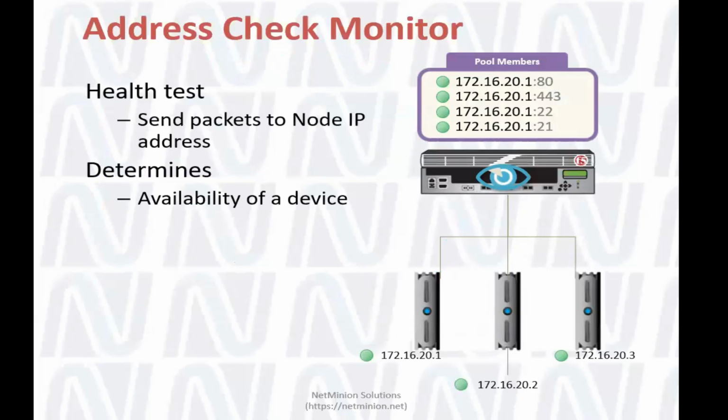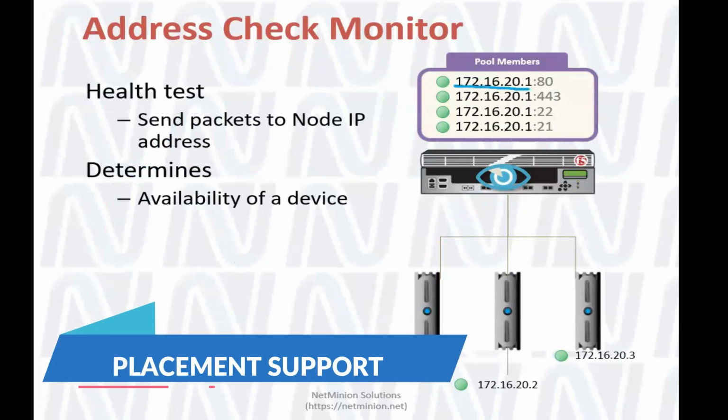Yeah, here. You can see that in this particular slide, we have one F5 device which is monitoring the address check health monitor, right? And in this address check health monitor, we are checking a specific address, which is 172.16.21 this.